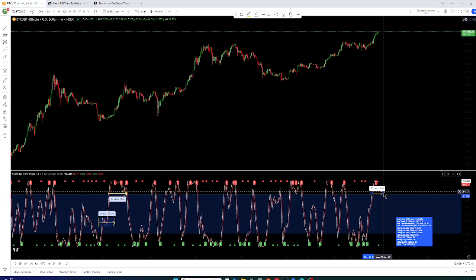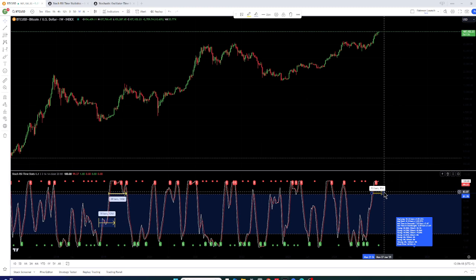So if we add that all up and we go, okay, it's printed a short, there's still good probability that it prints another. It just printed a long signal over here, so it's definitely going to come in for a second short. In regards to timing, we've still got a fair amount of time left, and so it all starts adding up. So for myself, my thinking would be, well, okay, if it's coming in for a second short signal, there's only a 20% chance that it's going to remain up here.